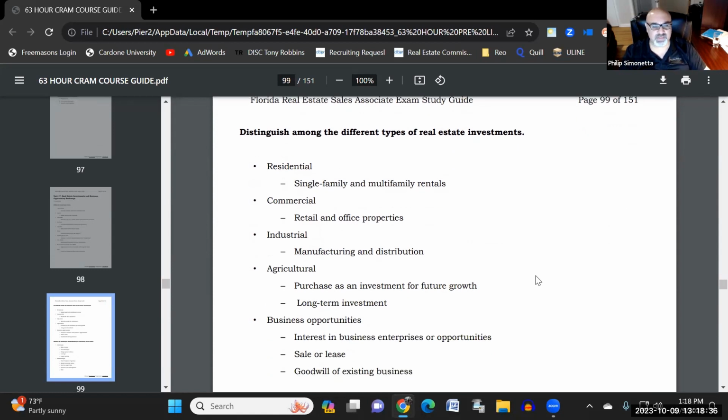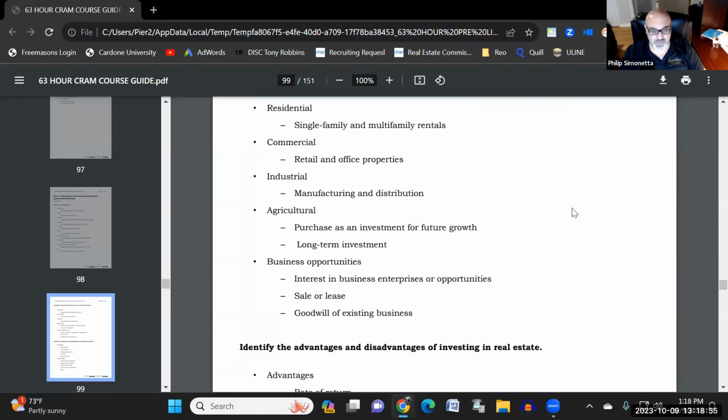So you need to be able to distinguish among the different types of real estate investments. So residential is single family and multi-family rentals. Okay. This part here is not about the 4 units or more, right? This is just explaining it's either single family or multi. Commercial is retail and office properties. Industrial is manufacturing and distribution.